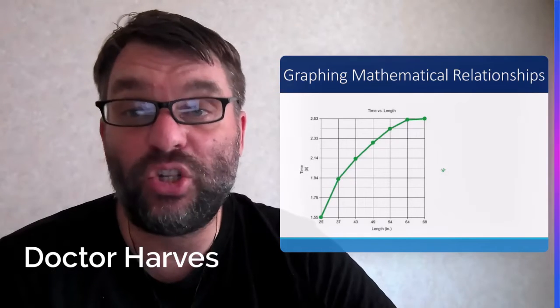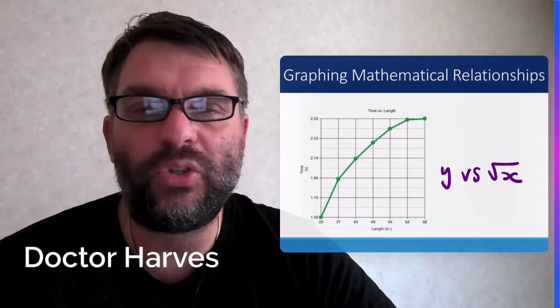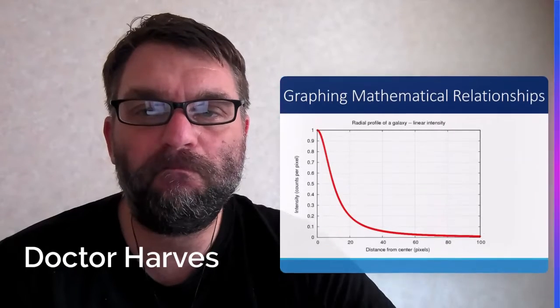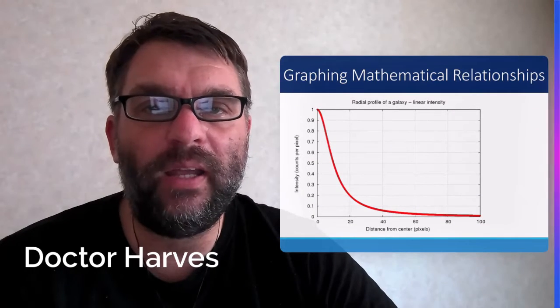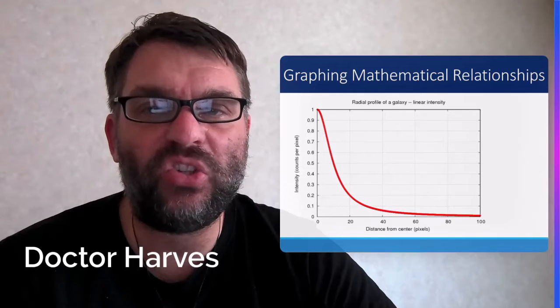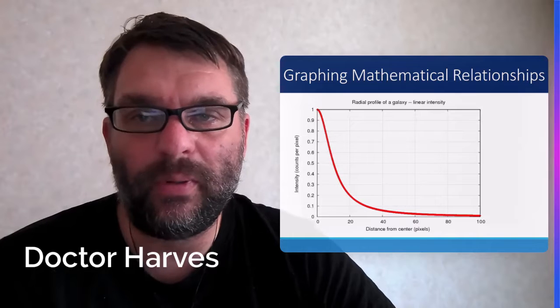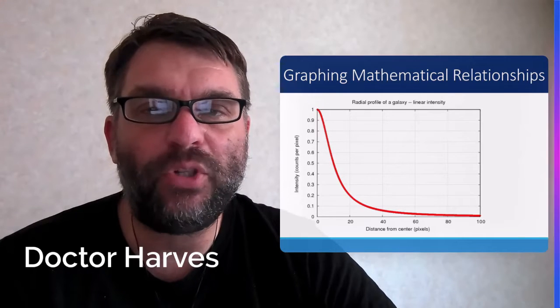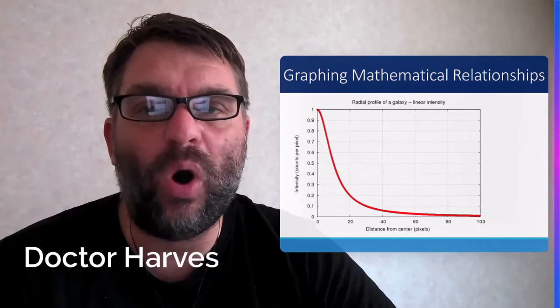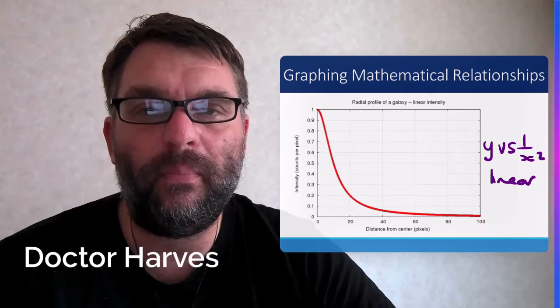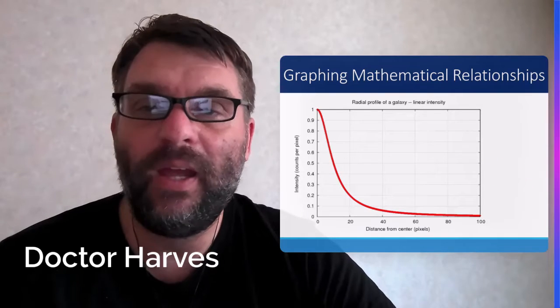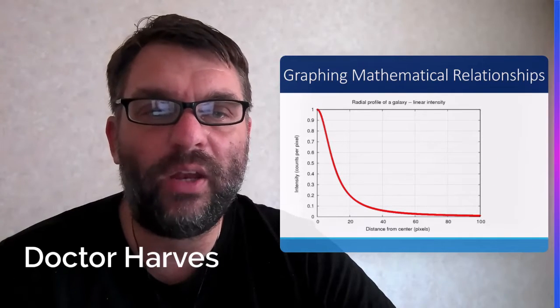So to get a linear relationship from that, you'd plot y against the square root of x. And finally, for graphical mathematical relationships, this is a 1 over x squared relationship. Okay, so to plot that, you would do a y versus 1 over x squared, and that should give you a straight line relationship.